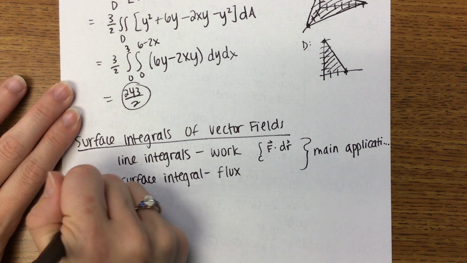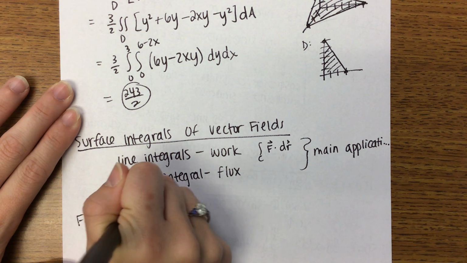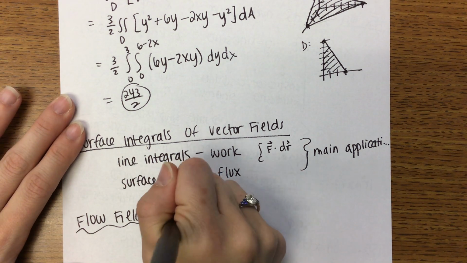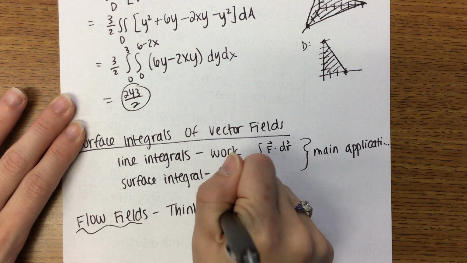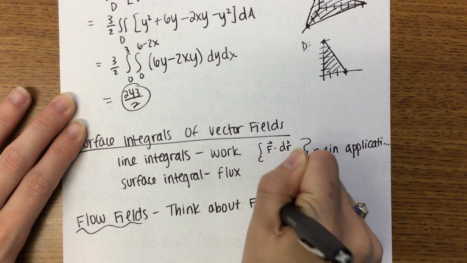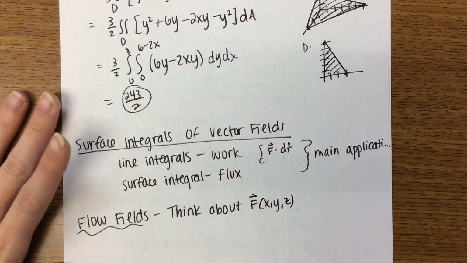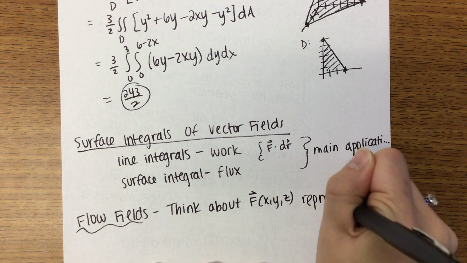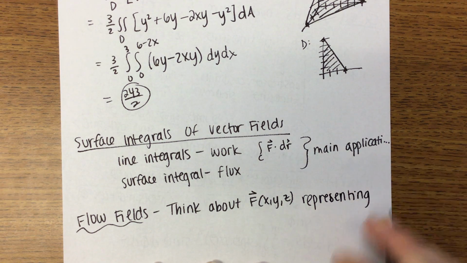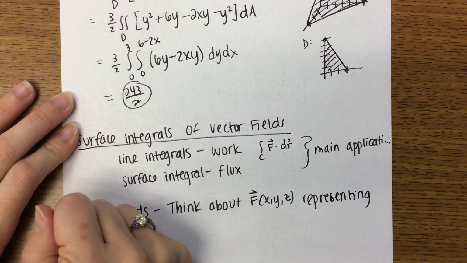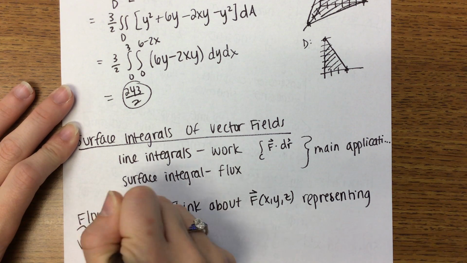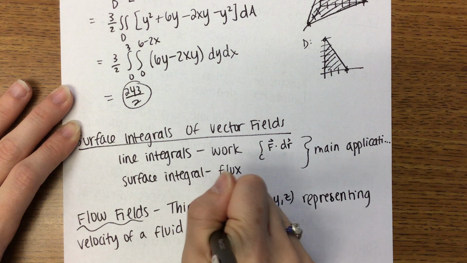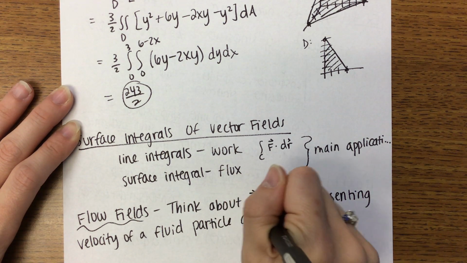So we're going to start with what's called a flow field. So think about F of x, y, z, so the vector field, representing the velocity of a fluid particle at the point x, y, z.